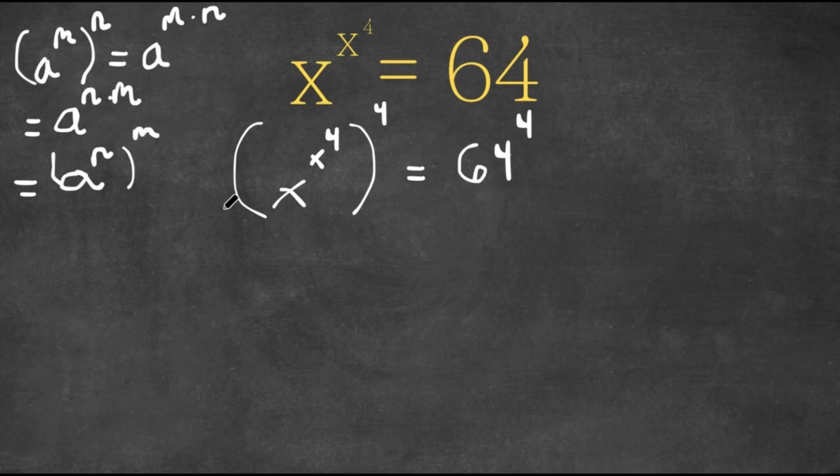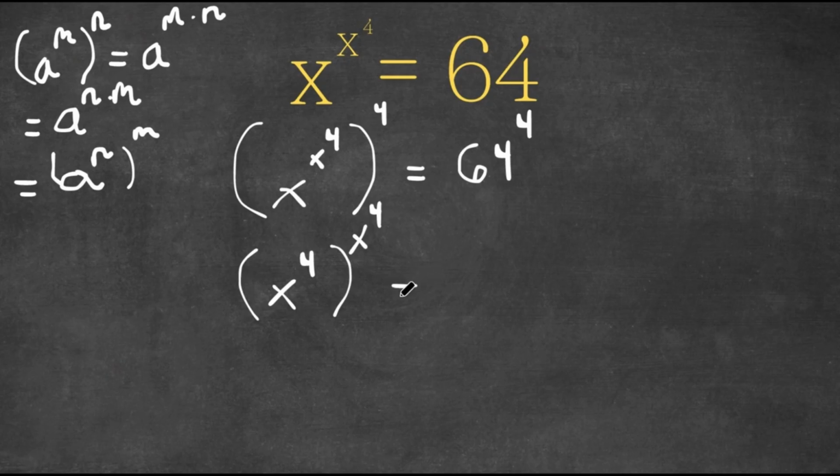So right here, as you see, we have x to the power of x to the power of 4 to the power of 4. Think of x to the power of 4 as m, and 4 as n. I could actually switch the places of these two, meaning I could rewrite this as x to the power of 4 to the power of x to the power of 4.